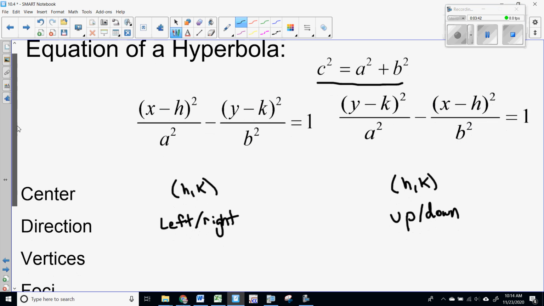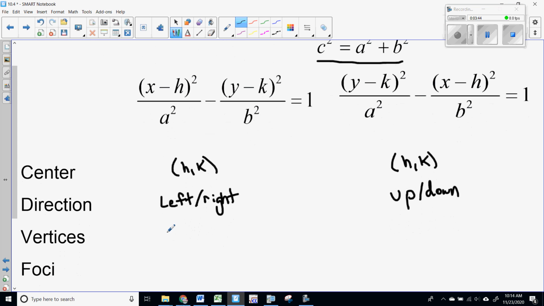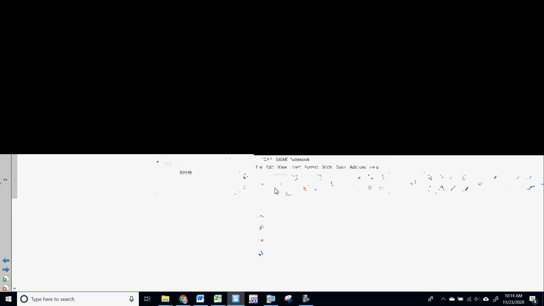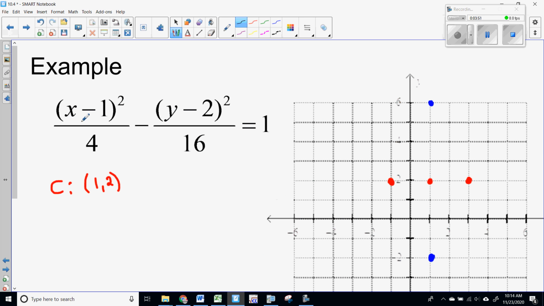Now to find the vertices, we're going to add and subtract a. If you go back here, you understand a is underneath our x because x is first. So our vertices in this case are going to be these two points: 1 plus or minus 2, 2, because our a is 2, our b is 4.